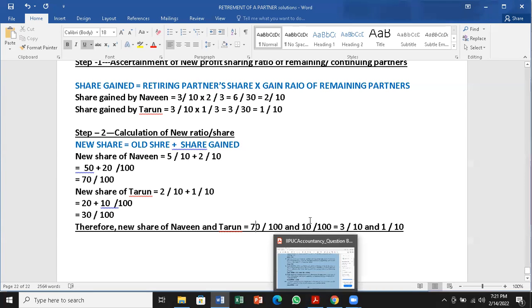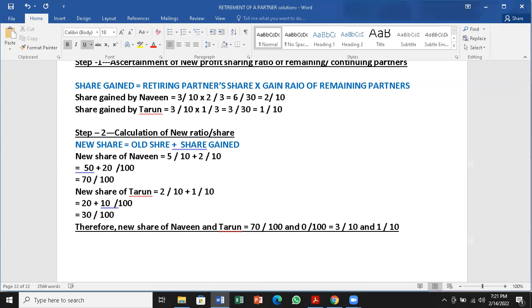Not minus, it is plus the gain done by them. 7:3. Seven is to 3.